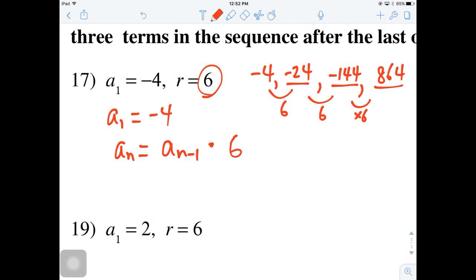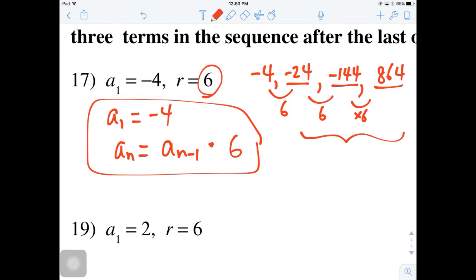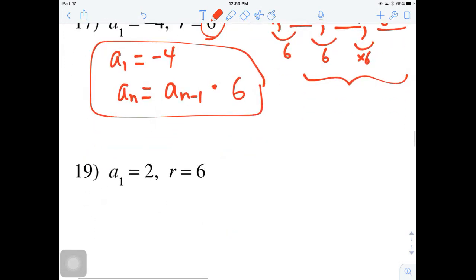So this is the recursive formula. Let's see if we answered the question completely. Given the first term, find the recursive formula and the 3 terms. So we are done with the problem. That is the recursive method, and that's the next 3 terms in the sequence. And that's the end of the problem.